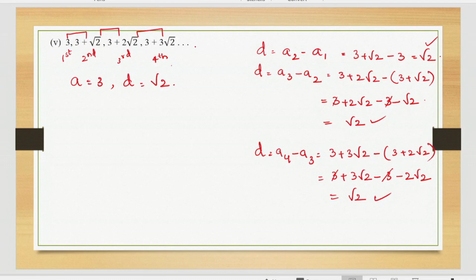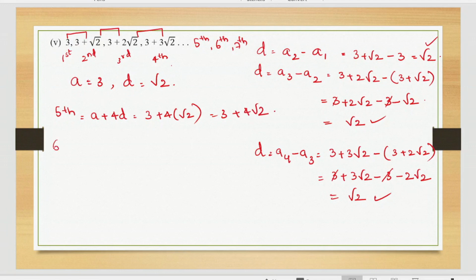Okay, so next we need to find the fifth term, sixth term and then seventh term. So how do you get the fifth term? The fifth term is equal to a plus 4d. So a is 3 plus 4 into root 2, which is 3 plus 4 root 2.